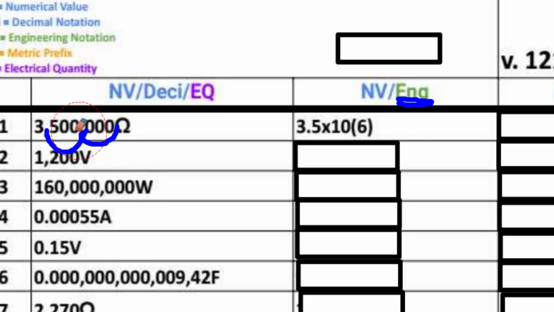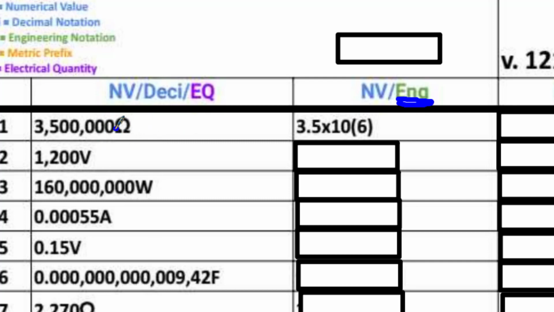And I'm moving in jumps of 3 here. Instead of counting single decimal places, I'm not going 1, 2, 3, 4, 5 like that. I don't want to count single decimal places because by counting single decimal places, you can actually wind up with an exponent that is not a multiple of 3.